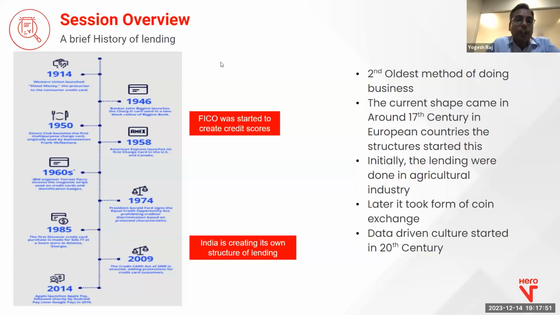Because of that, the regulators or governments interrupted such kind of doing business, and then new regulations came, which is called the fair lending policy in the US. The first form came in around the 1980s, where it restricts using any such attribute while thinking about anyone and giving them a loan or not.